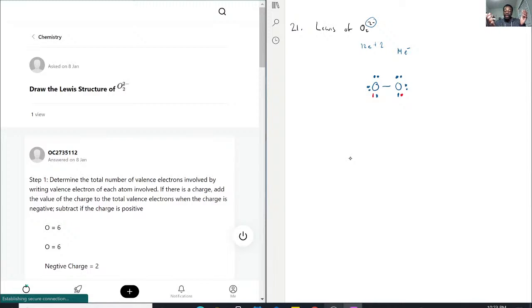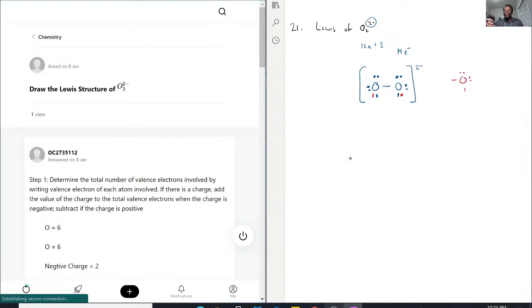Now, that really would be the Lewis structure of oxygen. To further support this and to see how we got that 2 minus, we can actually talk about its formal charge. Oxygen typically likes to have 2 lone pairs and 2 bonds for it to have a formal charge of 0. In this case, 1 bond was replaced by a lone pair.